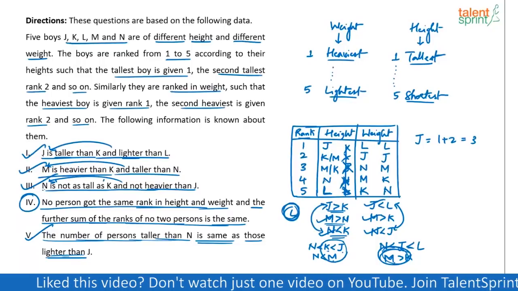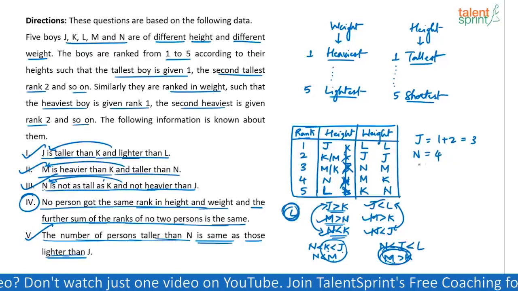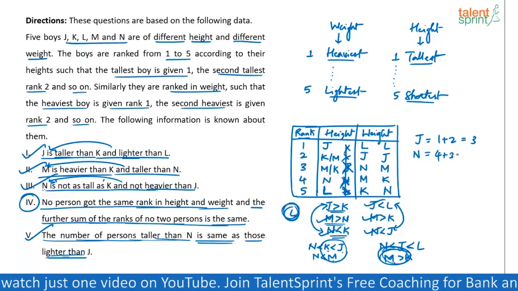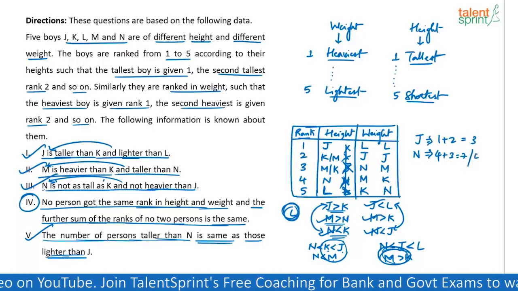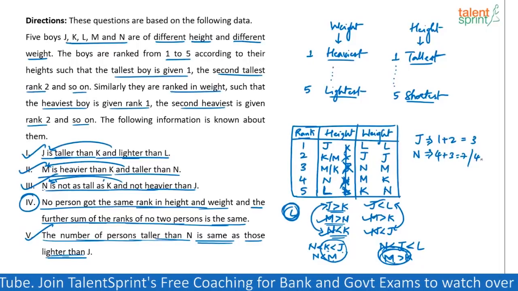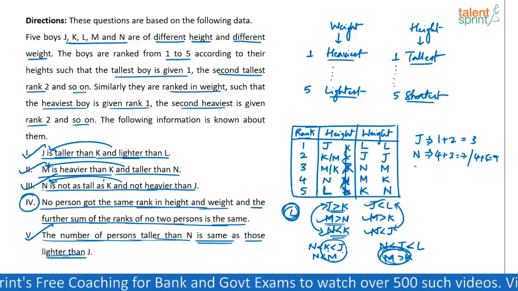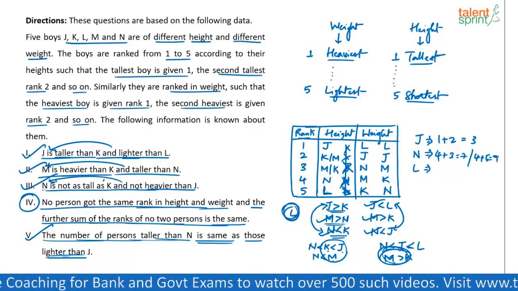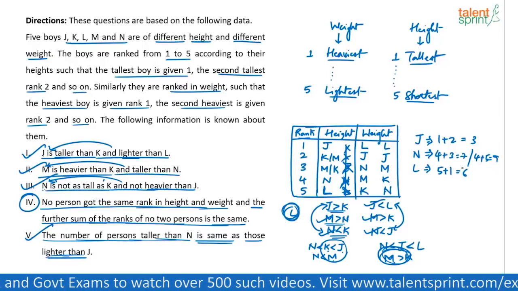There are 2 possibilities for N. Sum of the ranks of N. N has got 4th rank here. 4 plus 3, 7, or 4 plus 5, 9. So ranks of N are 7 and 9. L. What is the rank of L? 5 plus 1. Only one possibility. 5 plus 1 is equal to 6.